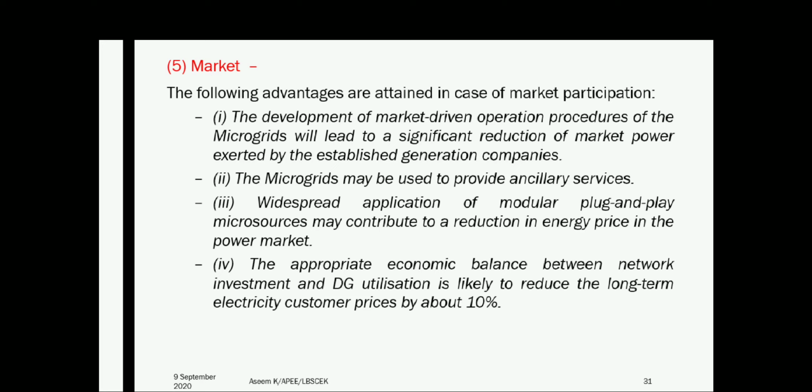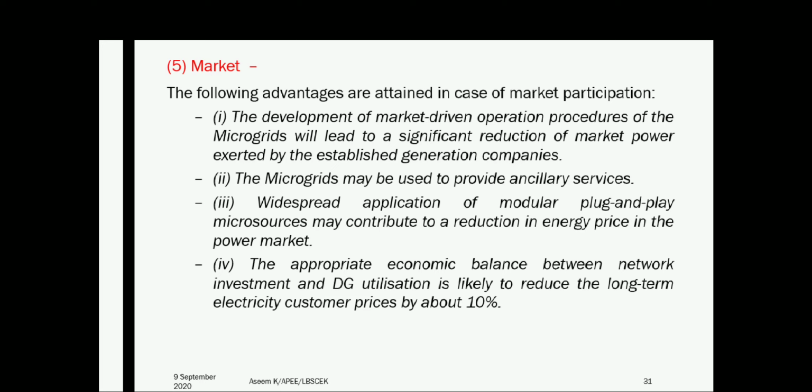Development of a market-driven operation procedure for the microgrid will lead to a significant reduction of market power exerted by the established generation companies. In our conventional power system, there are power sector companies like generation companies, distribution companies and transmission companies, and they are fixing the price for electricity.